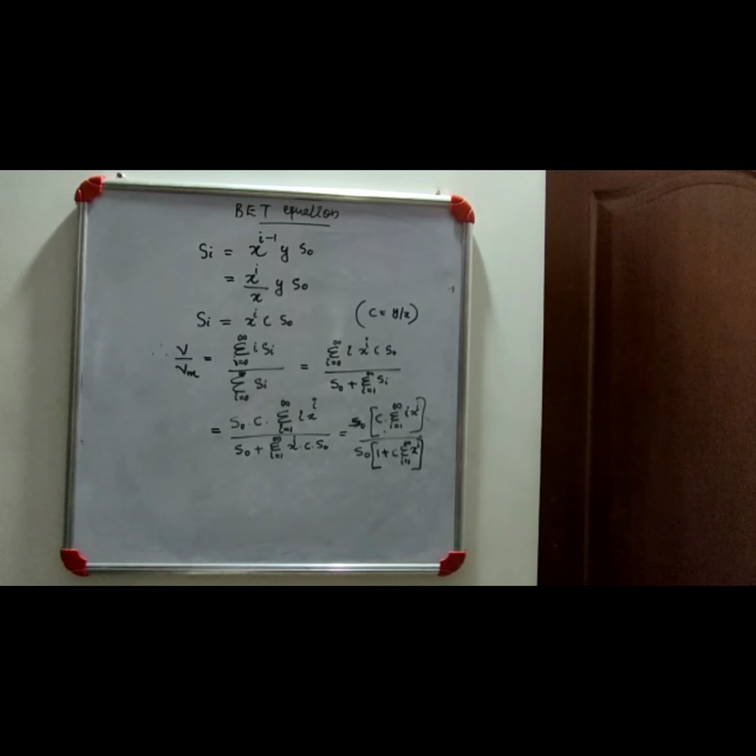Again, C and S0 in the numerator are constant. We can take them outside. So S0 C into sigma i equal to 0 to infinity i X raised to i can be written in the same manner as sigma i equal to 1 to infinity i X raised to i.